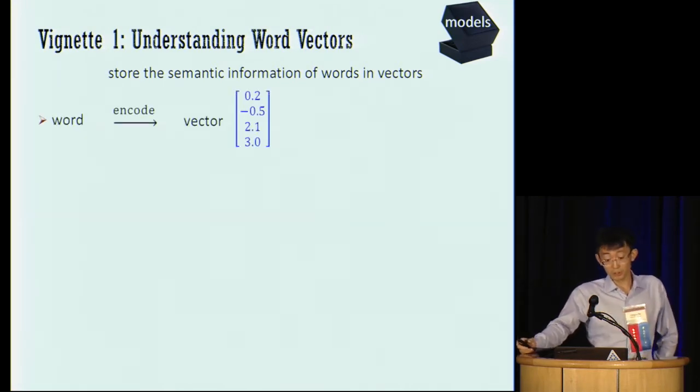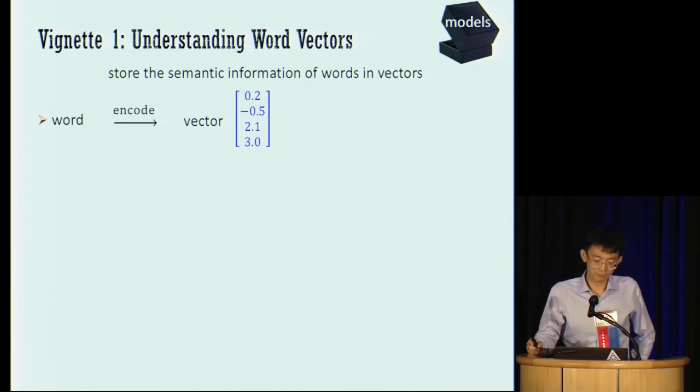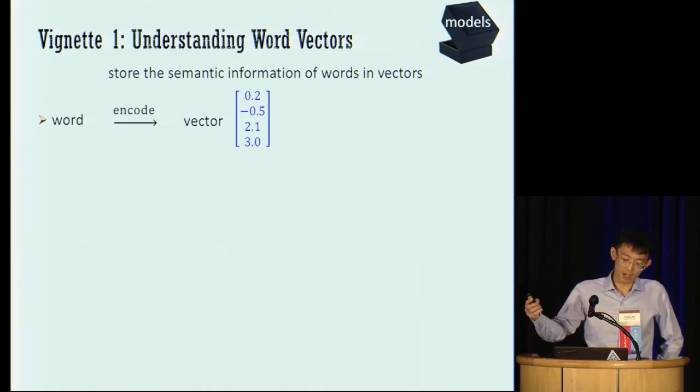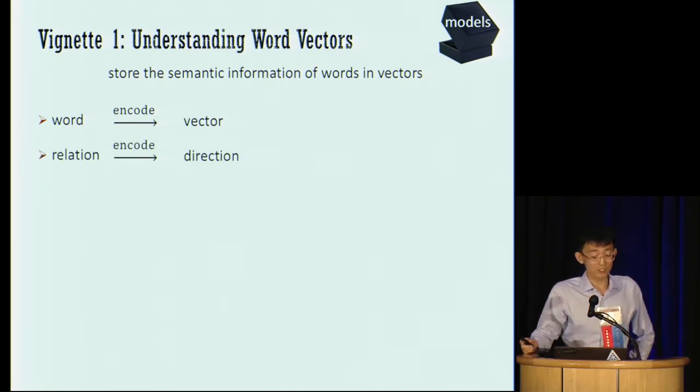So just recall, we want to encode the word into vectors, and the vector is a list of numbers. I have a 4-dimensional vector here, and often we are talking about really high-dimensional vectors in reality. And we also want to encode the relation into directions.